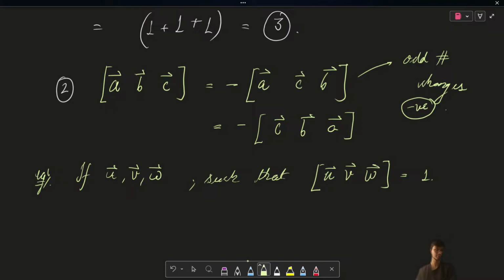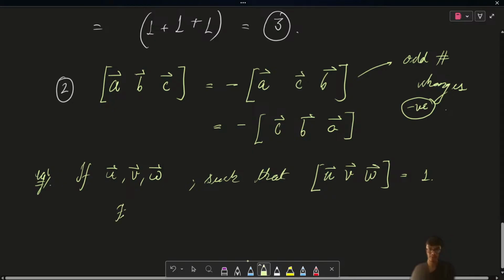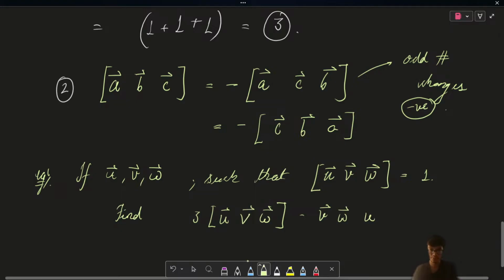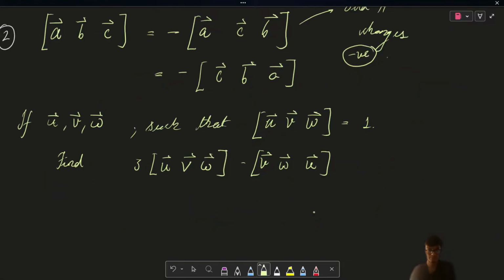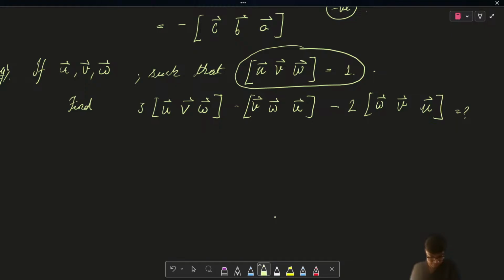You have to find the result of 3 times [u, v, w], minus [v, w, u], and then minus 2 times [w, v, u]. Please try to solve this problem.